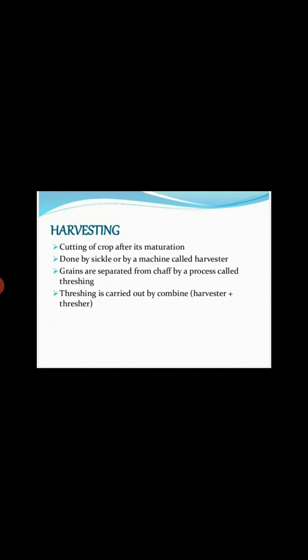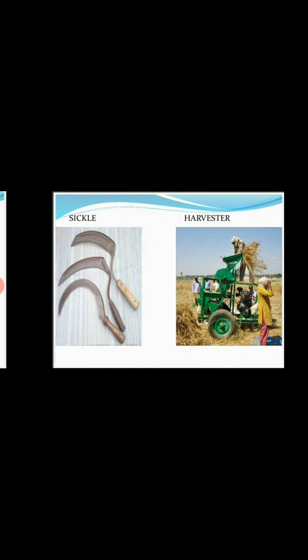Then harvesting: cutting of the crop after its maturation, done by sickle or by a machine called a harvester. Grains are separated from chaff by a process called threshing. Threshing is carried out by a combine. It is harvester plus thresher.